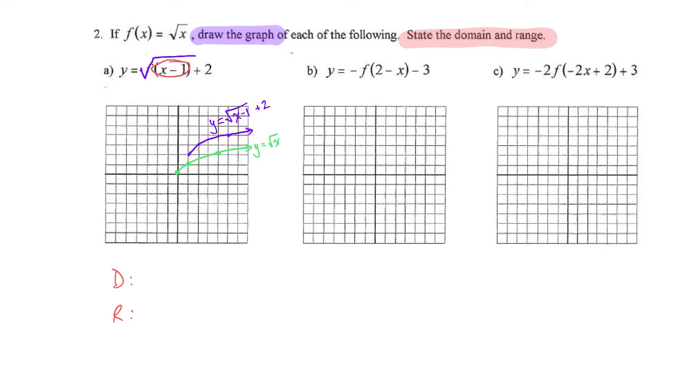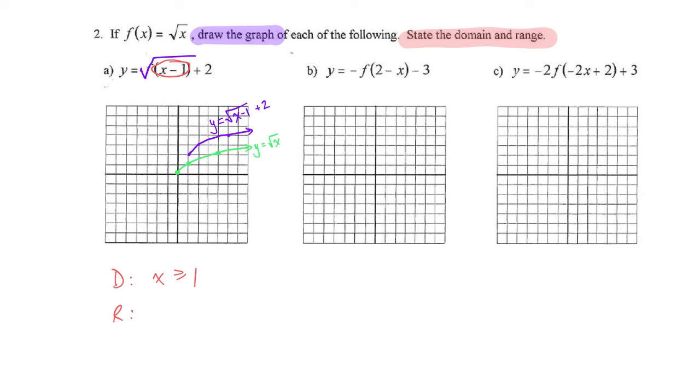So I can ask myself, what makes it 0 underneath? It's 1. If I sub in an x value of 1, then I'm going to get 0 underneath my root. If I sub in any x values less than 1, I'm going to get negatives underneath my root, and I cannot calculate that. If I sub in anything bigger than 1, then I can calculate that. Therefore, my x must be greater than or equal to 1. We can see it from our equation.